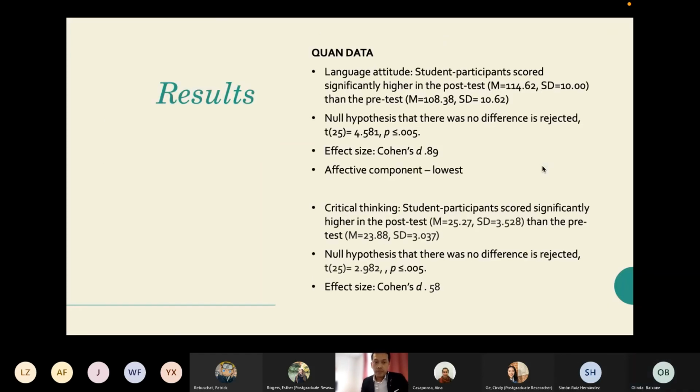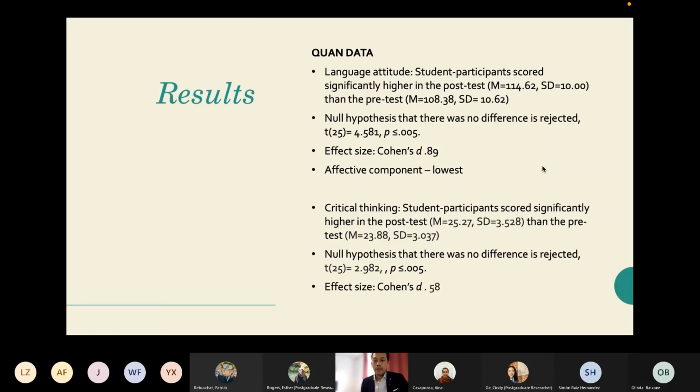So these are the results. For language attitude, the student participants scored significantly higher in the post-test, with a large effect size estimated at 0.89.